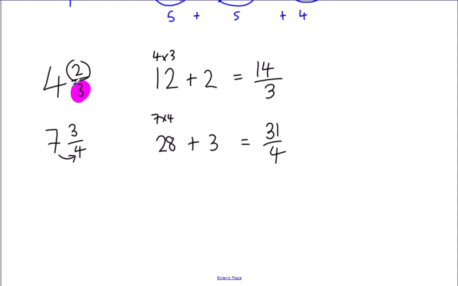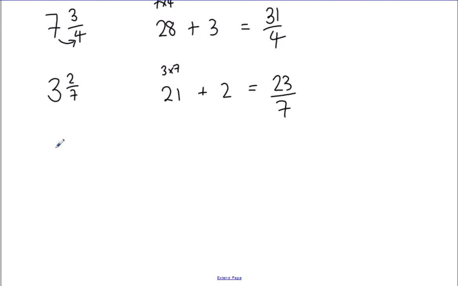And again, make sure that if you start in thirds, you end in thirds. If you start in quarters, you end in quarters. If we went for 3 2/7, this time we're working in sevenths. So I do 3 times 7. So 3 times 7 is 21, plus the other 2 makes 23 altogether, 23/7.